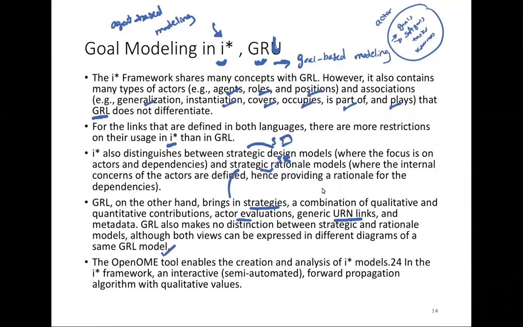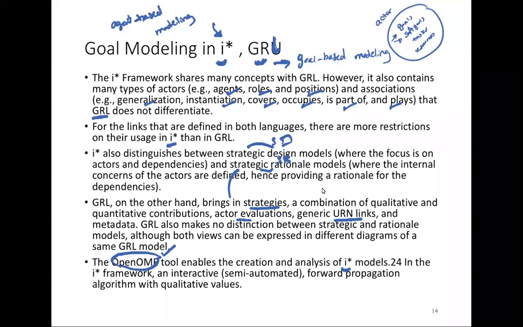In GRL, I would share with you a language that is commonly used to build a goal model using the GRL notation. If you are interested in building a goal model using the I-star notation, the OpenOME tool is really good because it enables the creation and analysis of I-star models, especially in the I-star framework.